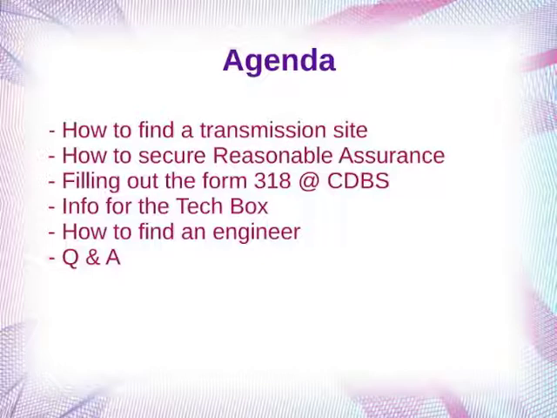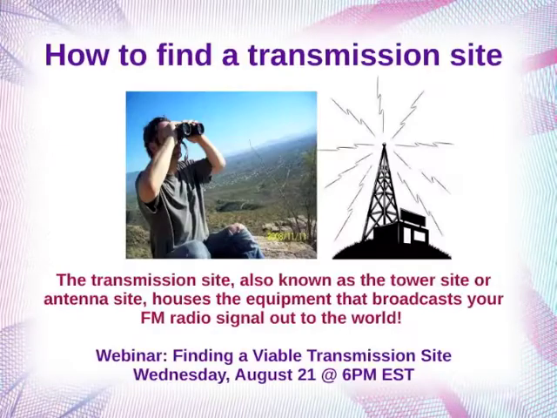We're also going to be holding a webinar on that subject on August 21st at 6 p.m. But I'm going to go over a little bit of how to look for a transmitter site. You see the agenda up now, so that's what we're going to be going through. And so the first thing up is the transmission site.